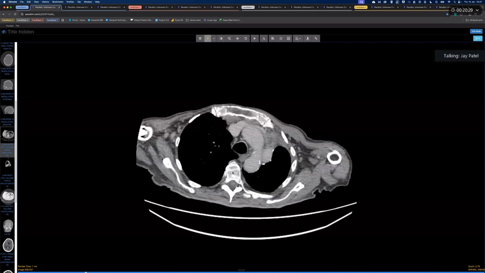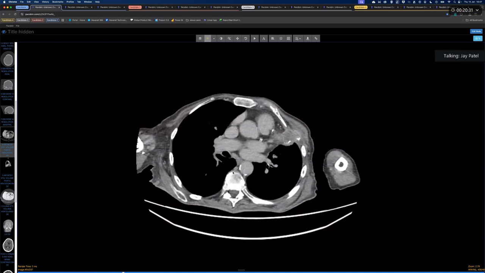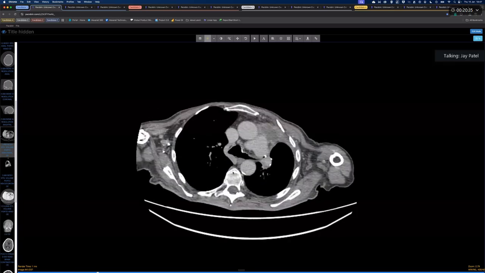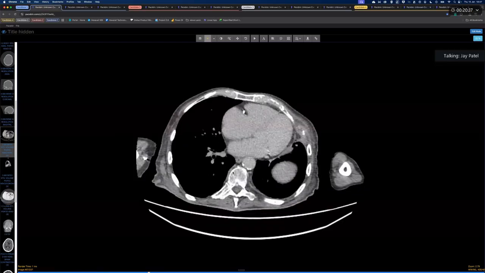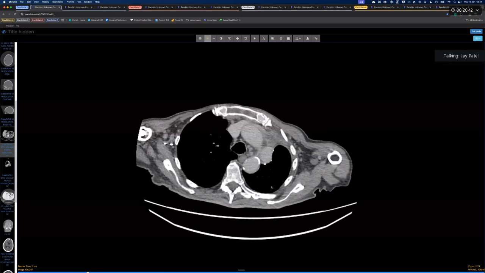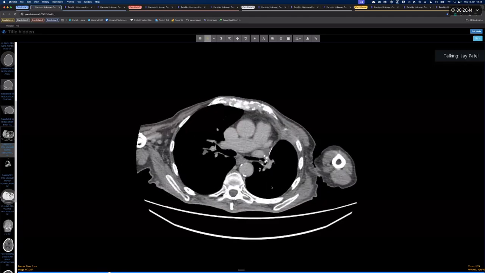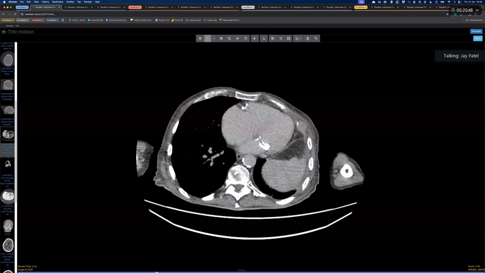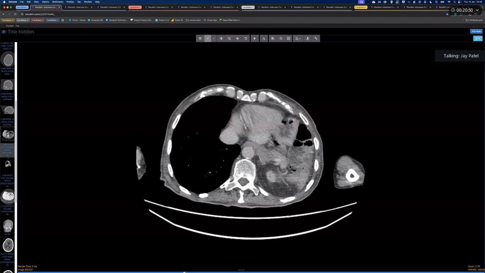So in this case, I would do exactly as you say. This is a CT chest, abdomen, and pelvis. It appears to be a portal venous phase examination. As I'm scrolling through the chest, I see there's an abnormality in the left side of the chest, involving predominantly the chest wall. There's no large pleural effusions or pericardial effusions.